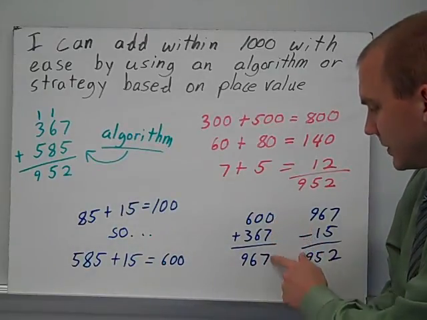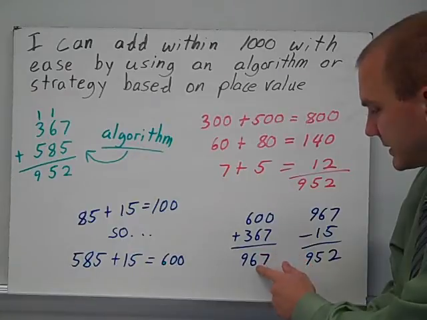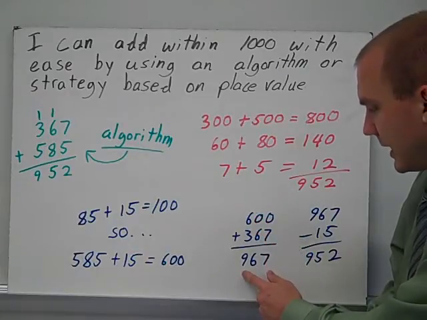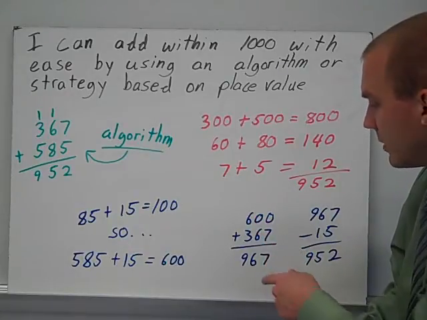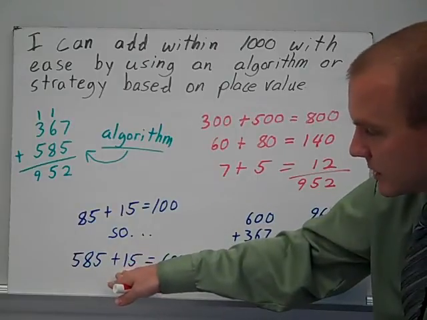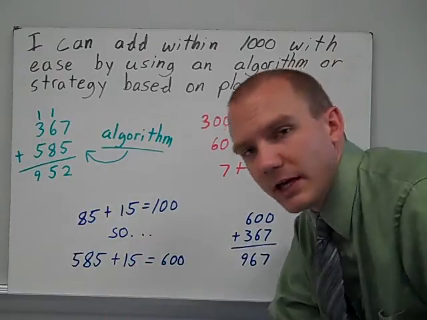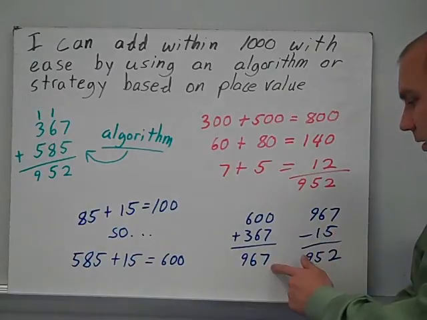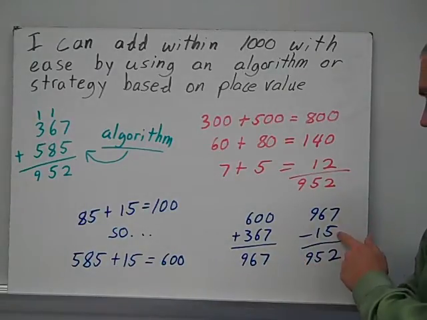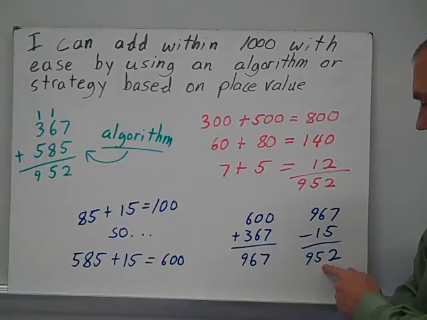Your answer would be 0 plus 7 is 7, 0 plus 6 is 6, and then 6 plus 3 is 9, so 967. But remember, back when you thought about it like this, you added 15 on, so at the very end, you need to take away 15. So 967 minus 15, 7 minus 5 is 2, 6 minus 1 is 5, and it ends up being 952.